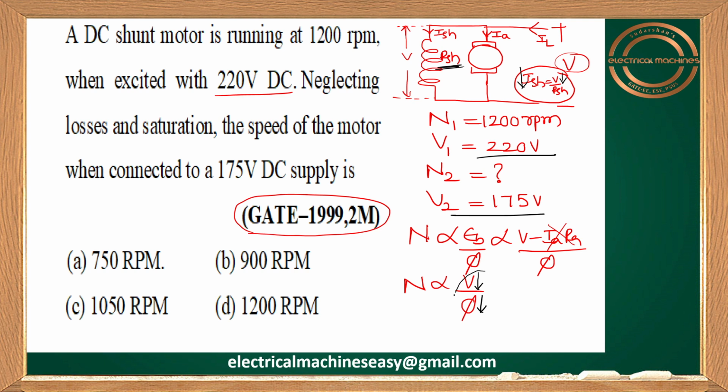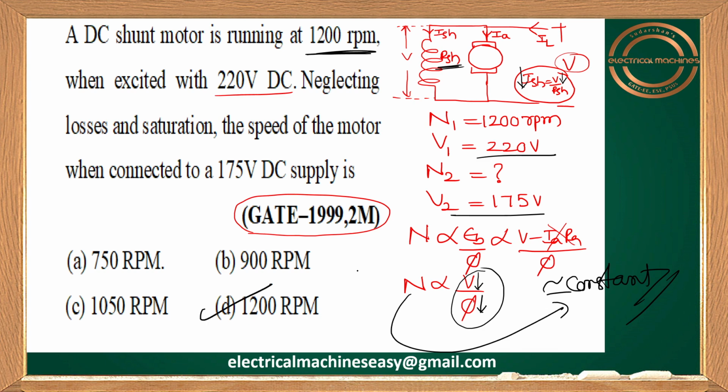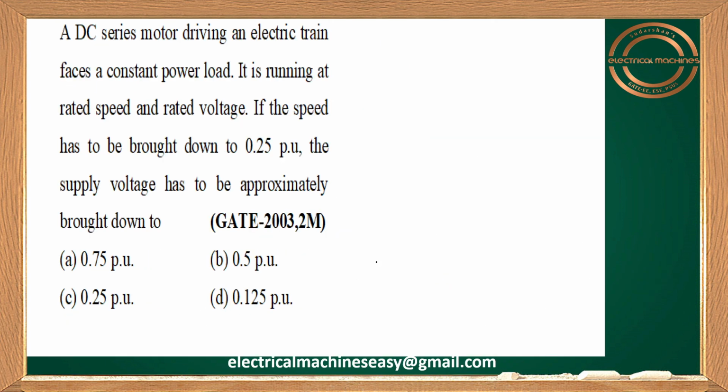If both are reducing, that's the reason why I can take the N value as approximately constant. Previously 1200 RPM. Now, when the voltage changes from 220 to 175, your answer is 1200 RPM only. Option D is the answer. Okay, right. Let us see the next question.